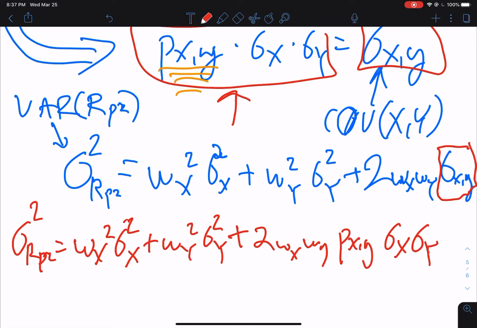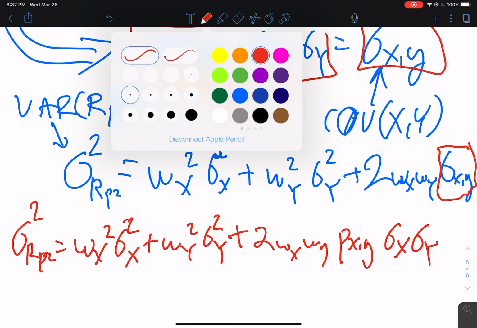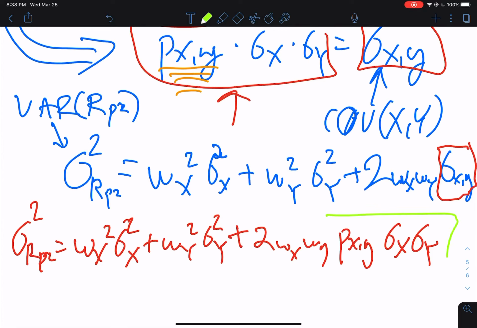So this is a formula we'll look at. It's still a decomposition of portfolio return variance. It's just instead of covar, we have the alternate version that involves correlation coefficient, which looks like this.